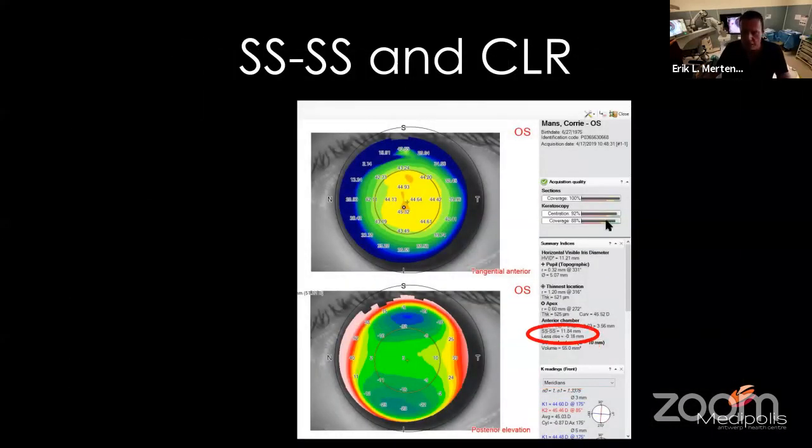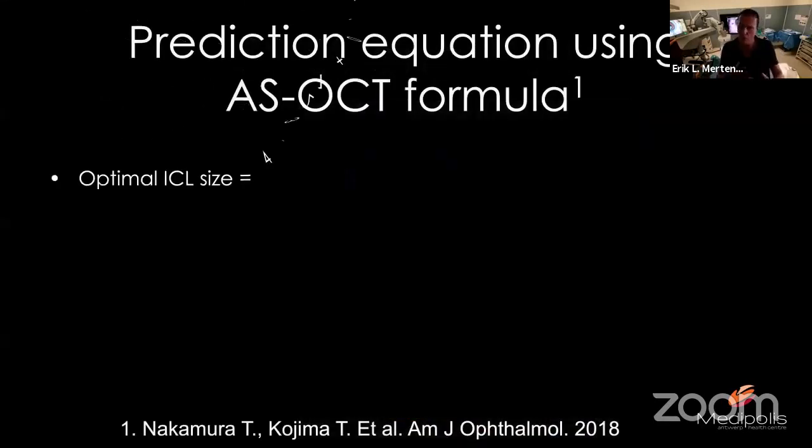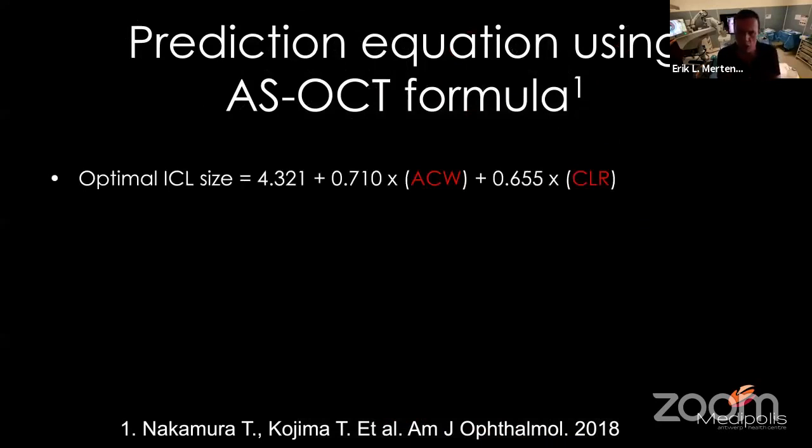And you can find it here under summary indices, anterior chamber. It will tell you scleral spur to scleral spur, 11.84 millimeters, and the lens rise, minus 0.16 millimeters. It can also have a plus sign or a minus sign. You have to take this into account when you put it into the formula to calculate your ICL diameter. Up till now, this is the formula we're using.